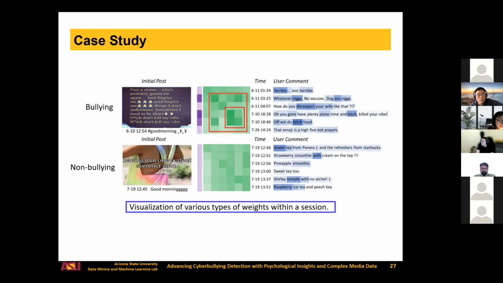In addition, the green grids here, the matrix, show the graph weights between the users. We can see in the bullying session, the weights are more diverse, right? And for the non-bullying session, they are more uniformly distributed. That means our model, this graph attention network, can help capture the topic coherence as well as the temporal dynamics.